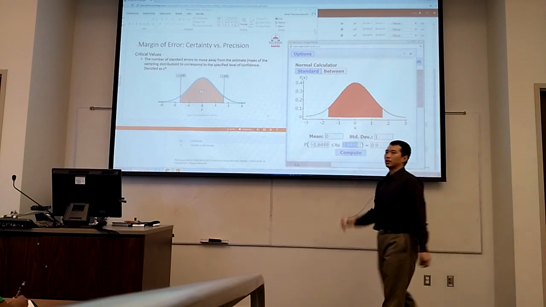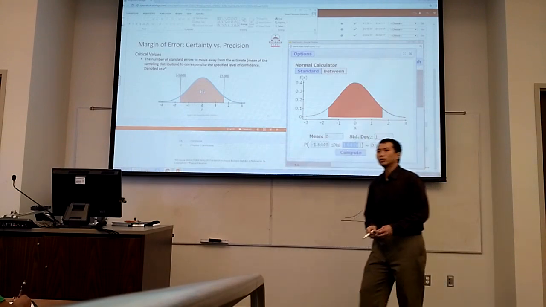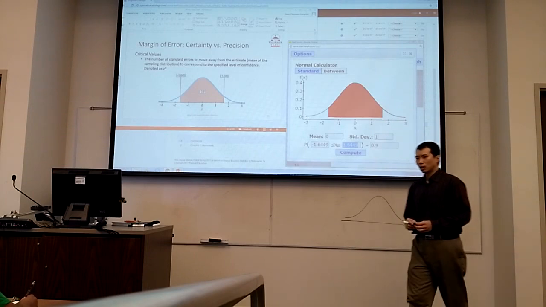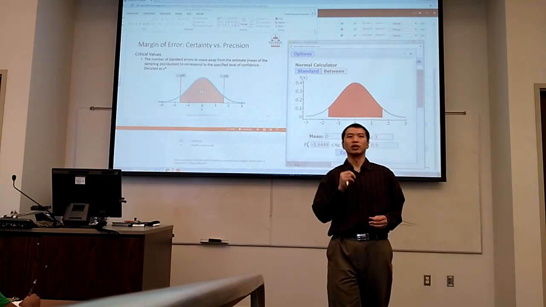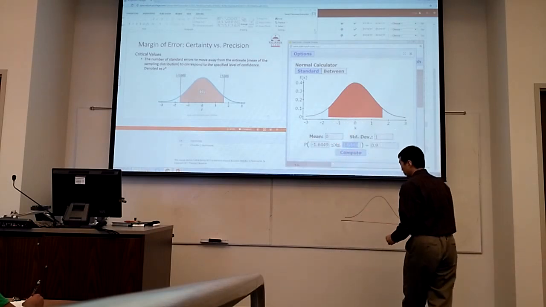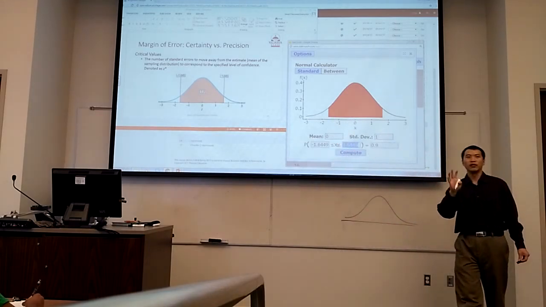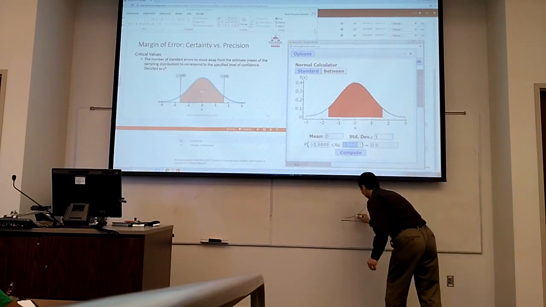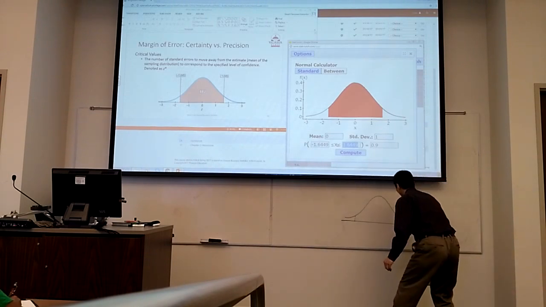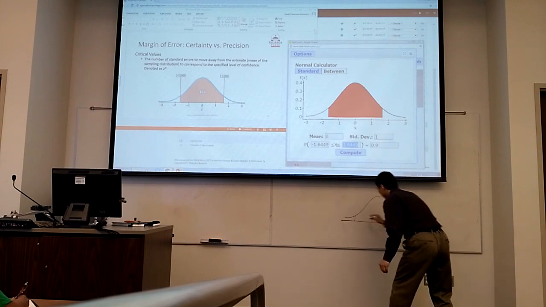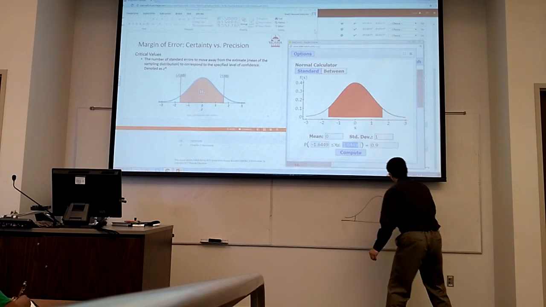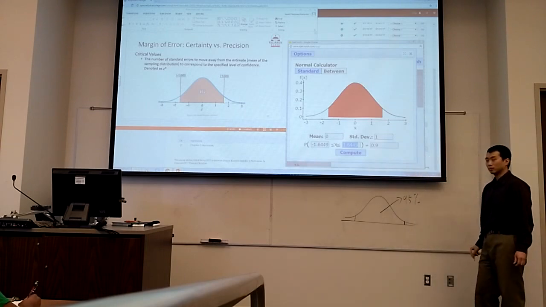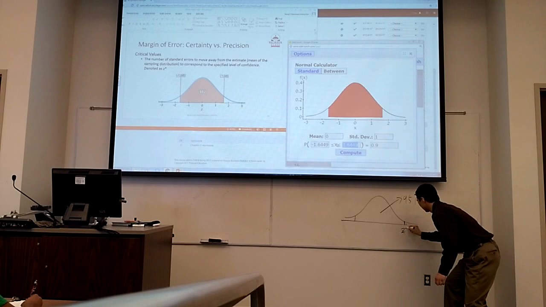So this is 90%. So what if I want to have 2 standard deviations? Because I know 2 standard deviations cover 95% of the area. This is 95%. I want to find this, our Z star.